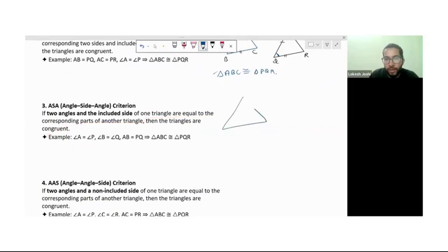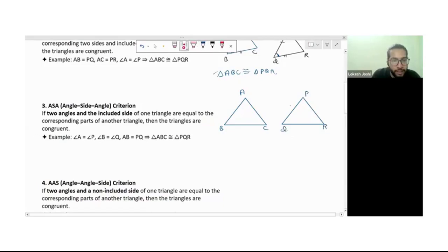So let me draw two triangles again. Suppose this triangle is ABC, and this one is PQR. For example, angle A is equal to angle P, and angle B is equal to angle Q, and AB is equal to PQ, which means this side AB is equal to PQ.